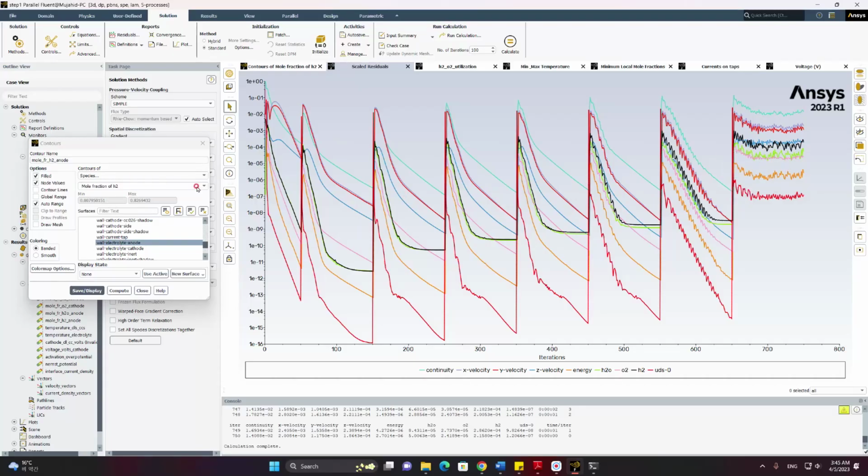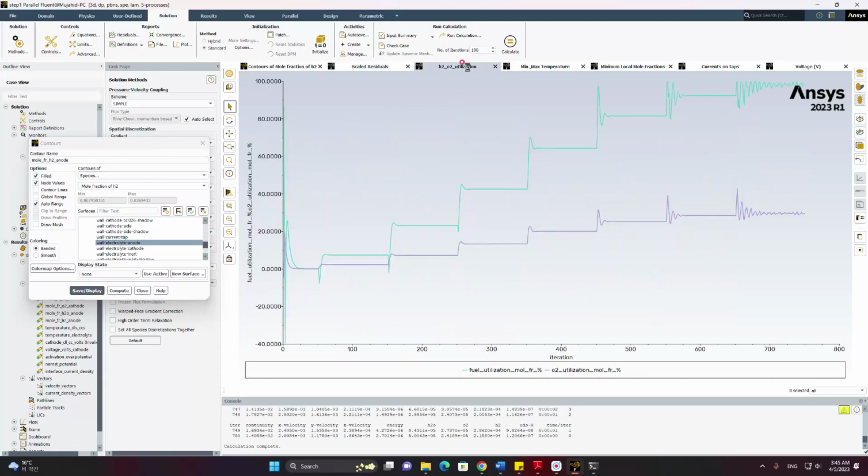So now we can get the polarization curve by getting, for example, if you go to the H2 and O2 utilization, we can get the fuel utilization, taking the value as end as possible. So at this volt, this is the OCV, 1 volt, 0.9, 0.8, 0.7, 0.6, 0.5 and 0.4, and we'll try to take the last value over here, or any value.